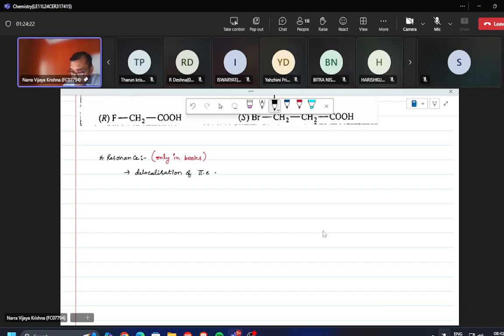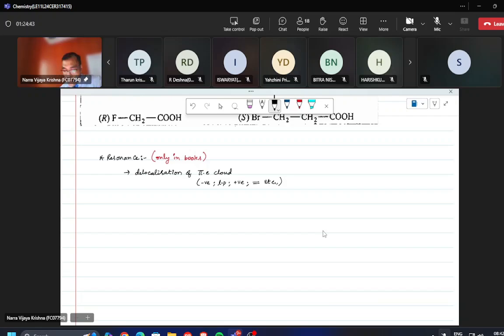Pi electron cloud. Maybe negative charge, maybe lone pair electrons, maybe positive charge, correct? Maybe pi bonds, etc. will be involved in delocalization, correct?